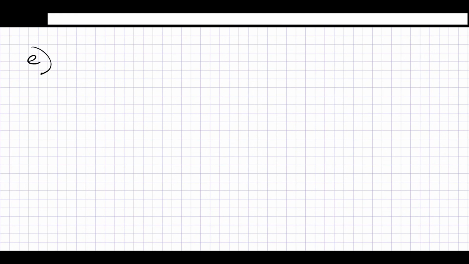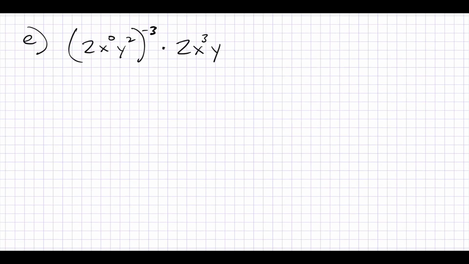This will be problem E. So as tape's coming from the back, here's the last problem we're going to do. Wherever you're going to tape this, do this problem. Last problem we're going to do today.